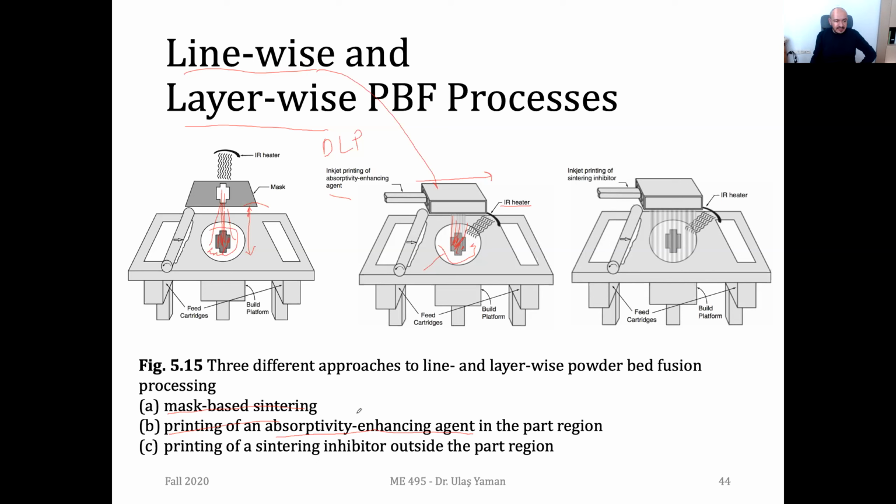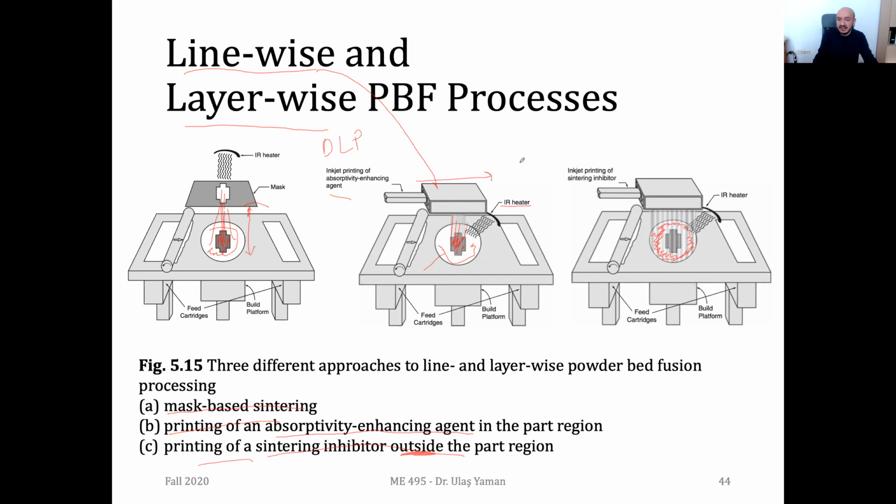Let's have a look at the last option. This is printing of a sintering inhibitor outside the part region. This is important. Right now, we are spreading a special chemical inhibitor to the outside of the part. Which means that once we spread the special agents outside, even though you increase the temperature of your bed, these parts will not be sintered together.